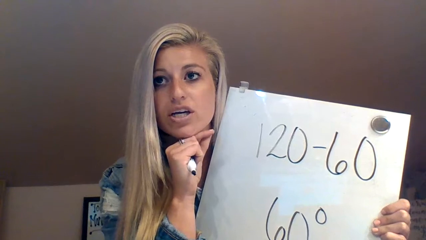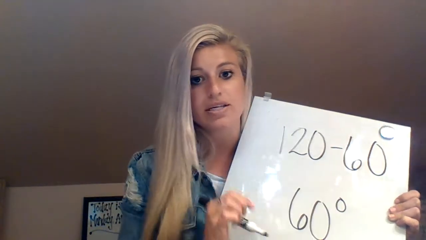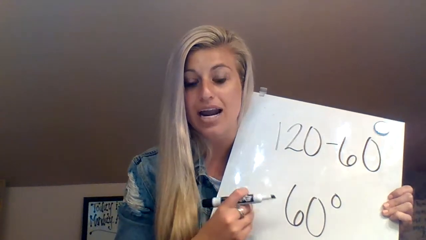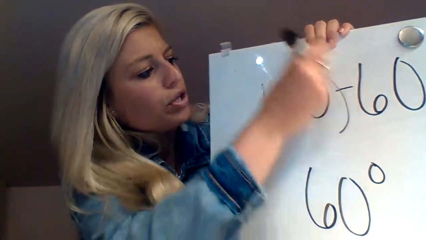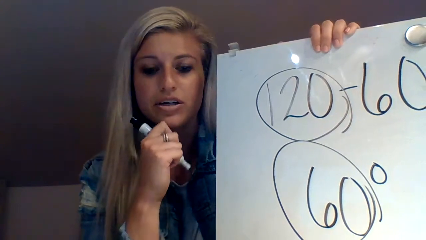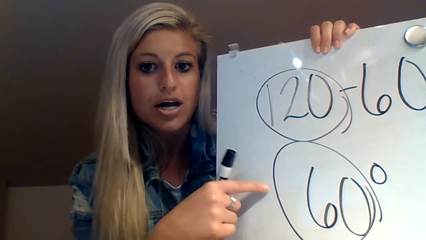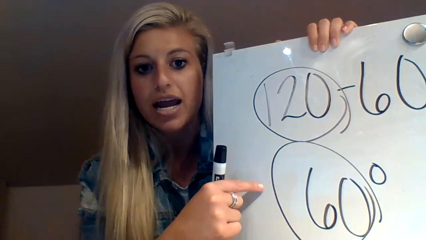If we wanted to check ourselves, we could check and see if we get a straight angle. If you remember this week, we know that a straight angle measures 180 degrees. So what could I do with 120 and 60 to check my answer and see if I get 180? What operation could I do?